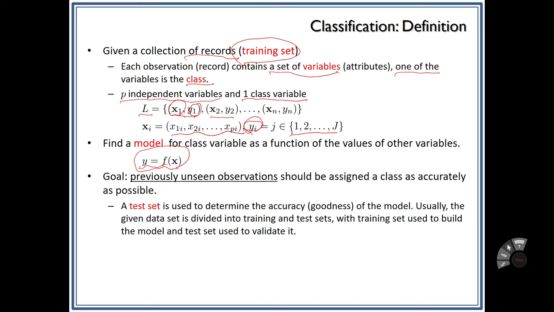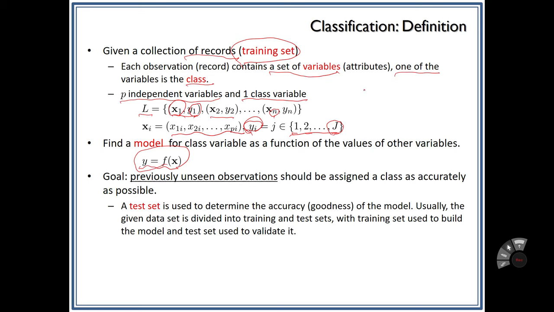So just for notational convenience, here we just use 1, 2, 3, up to j. This is the general form, the case of j classes. Here the index n means that we have n observations, n records, or n rows.